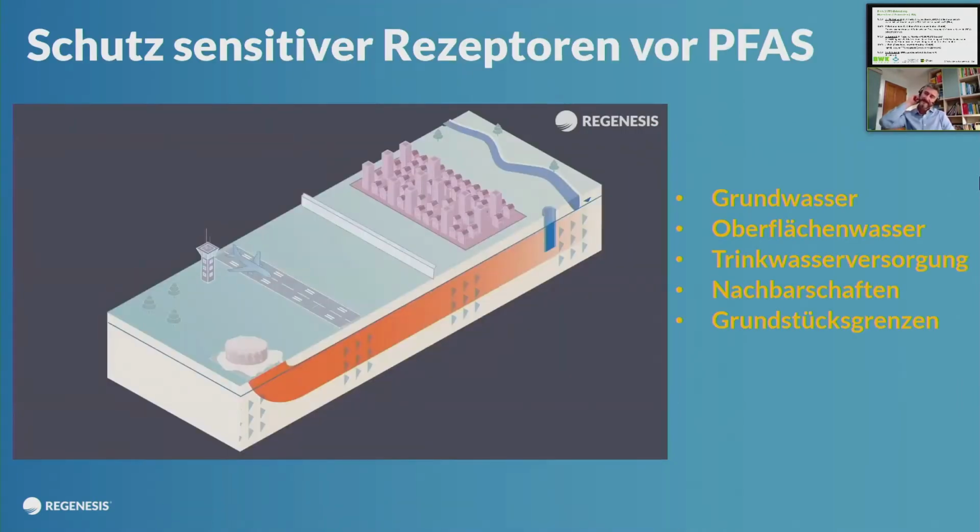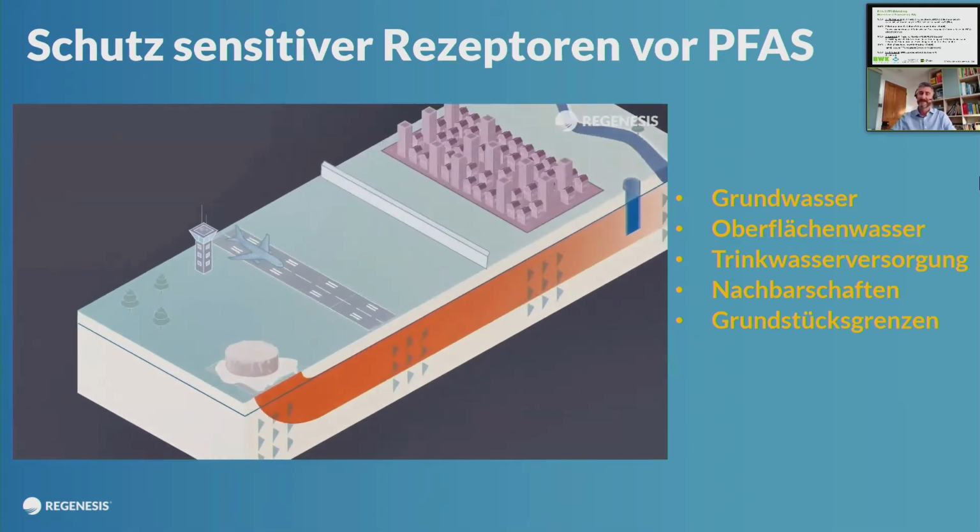So in terms of PFAS, the risks it poses and how we're treating it, the receptors due to a PFAS spill are the groundwater itself, which might be used for drinking water, or might connect with surface waters that could get contaminated. There might be residential properties that it could affect. There might be a legal issue with the contamination moving beyond the site boundary of the person who spilt it.